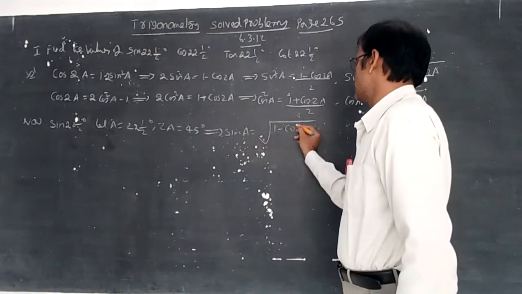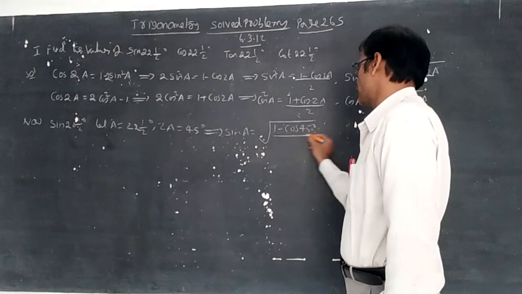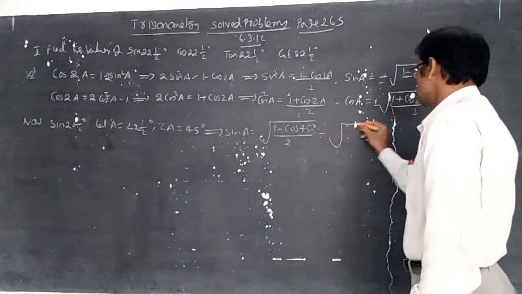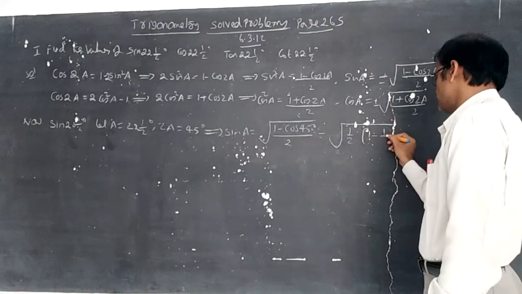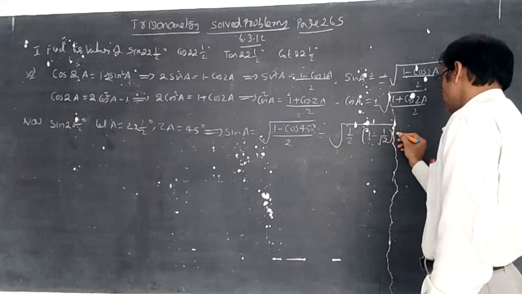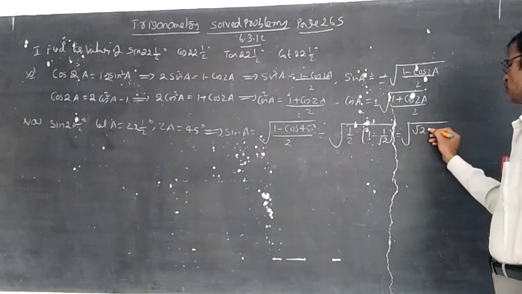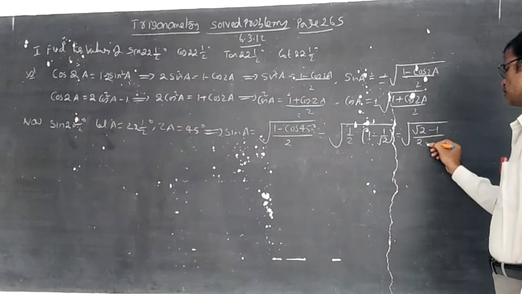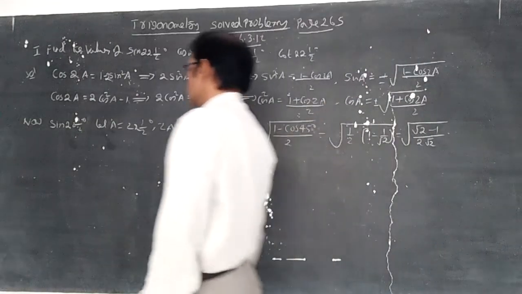So it is 1 minus cos 45 by 2. So 1 by 2 taken common into 1 minus the value of cos 45 is 1 by root 2. That is equal to, taking LCM, root 2 minus 1 by 2.